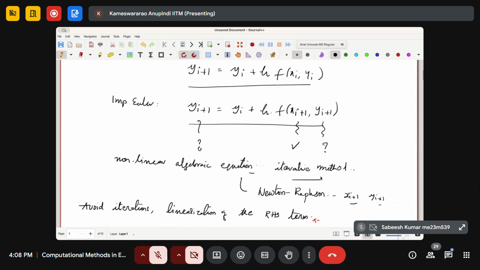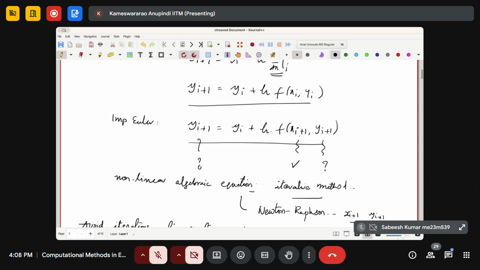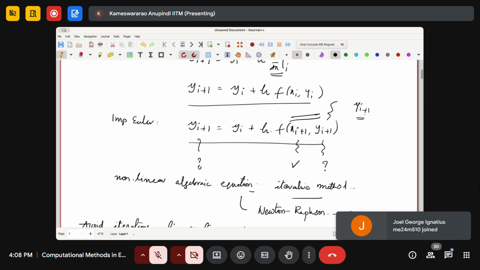What would happen if this were just linear instead of nonlinear? If this was linear, then it is much easier, because y_{i+1} comes out simply as some y_{i+1} term, and that y_{i+1} can be taken to the left hand side and then added to this value, and then you could just solve it because it is now a linear equation.